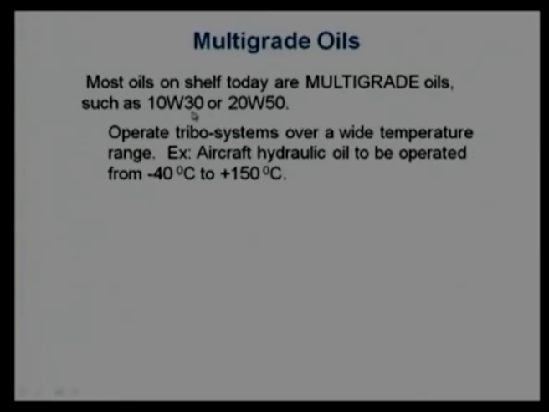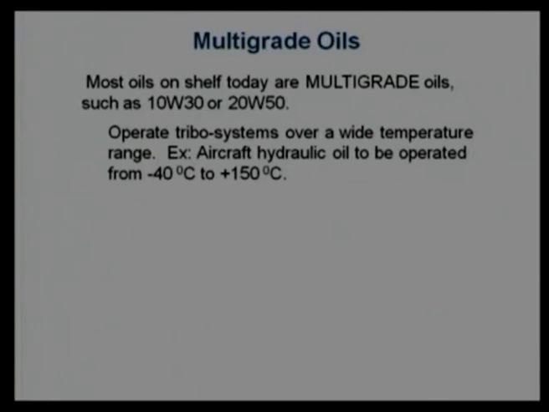Let us take an example as some sort of classification. 10W30: W stands for winter, and that divides it. The left hand side of the W refers to the winter oil, and the right hand side refers to the hot temperature condition.